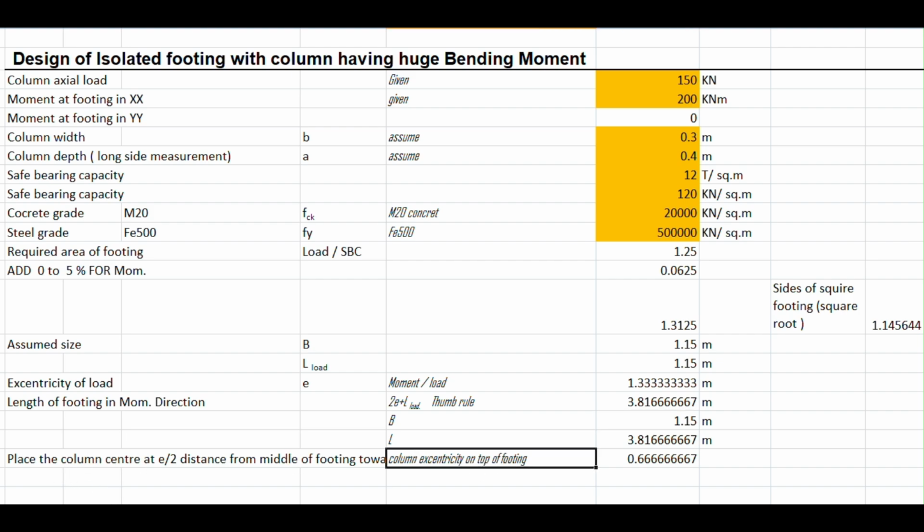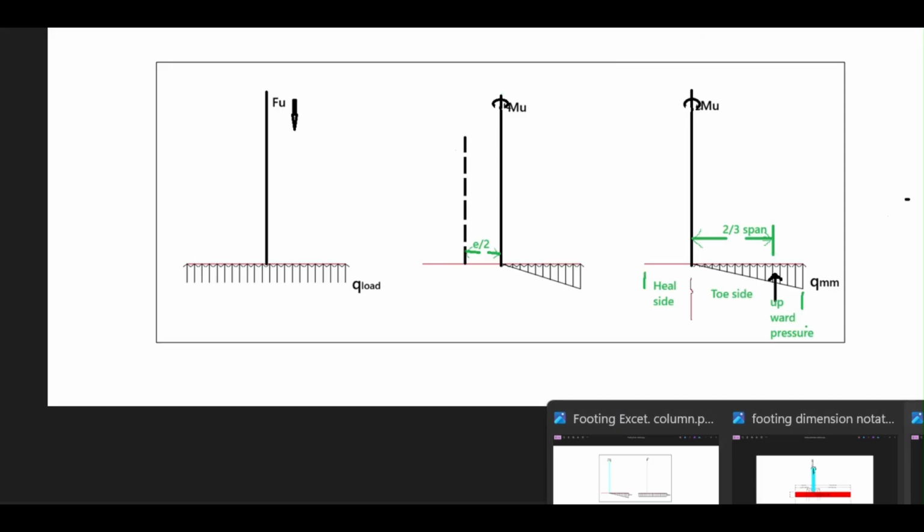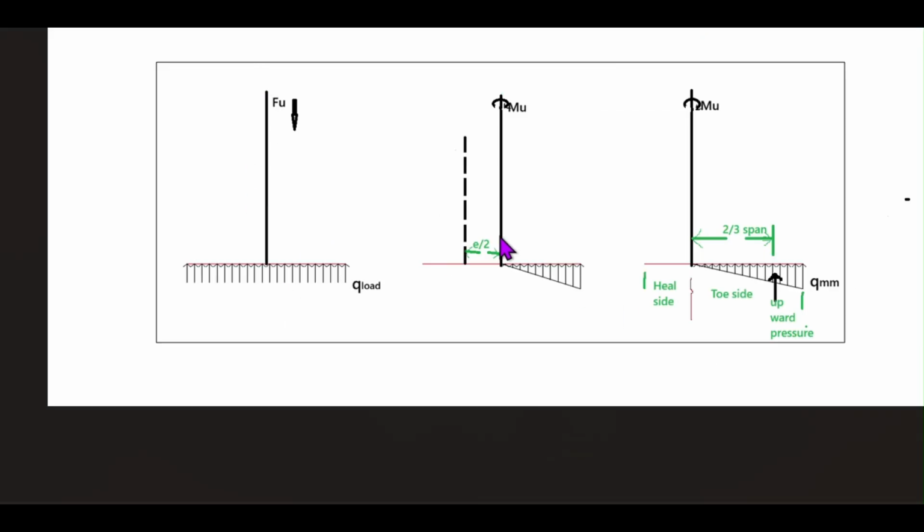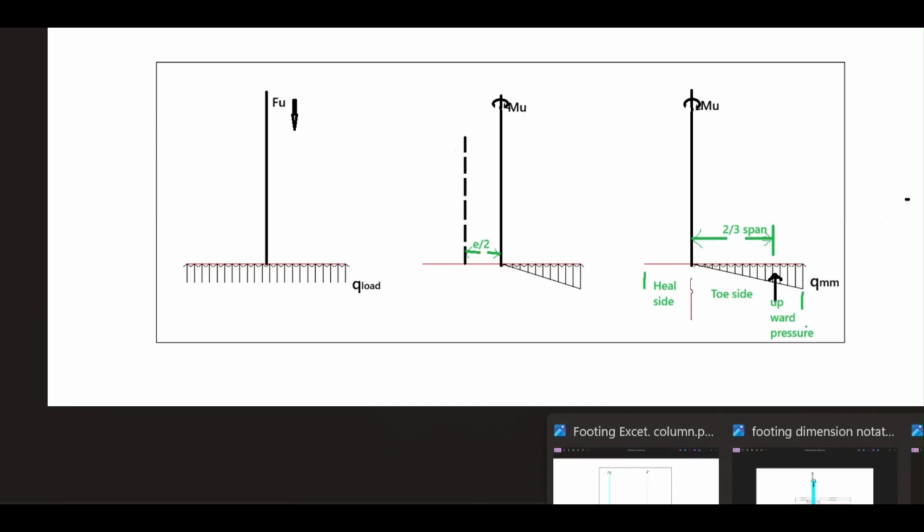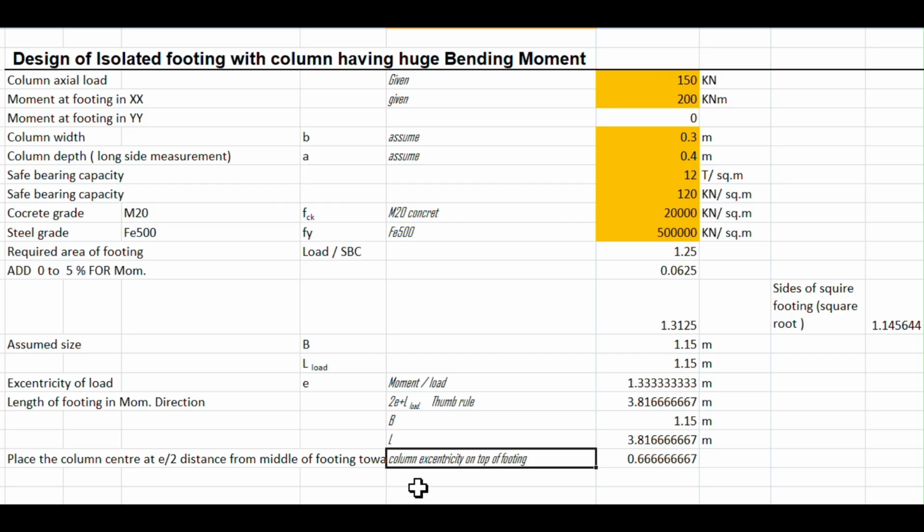Then place the column. The column is to be placed at some eccentricity. See here, the column is at center. This is shifted to some extent. That extent is calculated as E by 2. Already we have calculated the eccentricity as 1.33, and 1.33 by 2, about 0.6, is taken as the actual shifting distance by which the column is shifted.